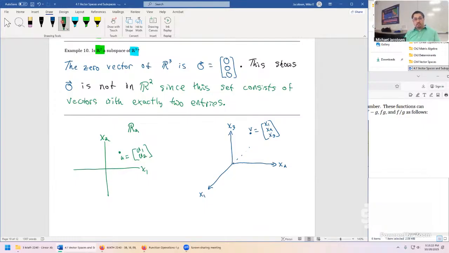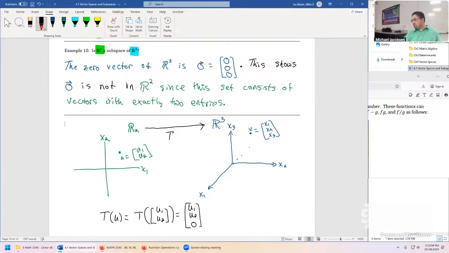But we can define a pretty interesting linear transformation. It will go like this. Map from R2 into R3. Transformation T, going from that space to that space, will be defined this way. T is going to take an input, more specifically, the input will be U1, U2, and it's going to map it to U1, U2, 0.